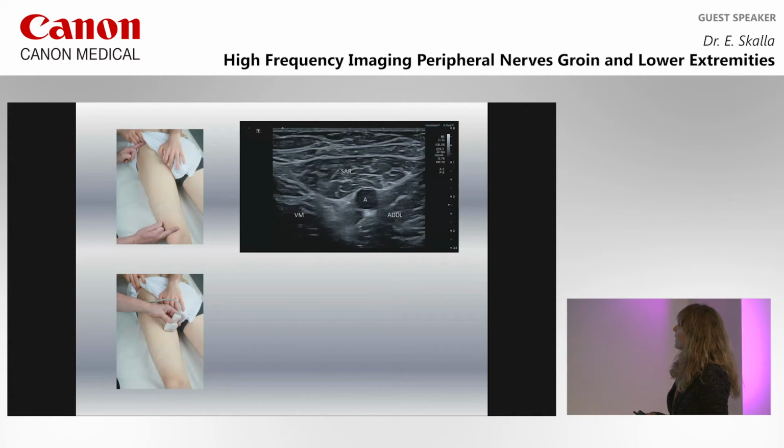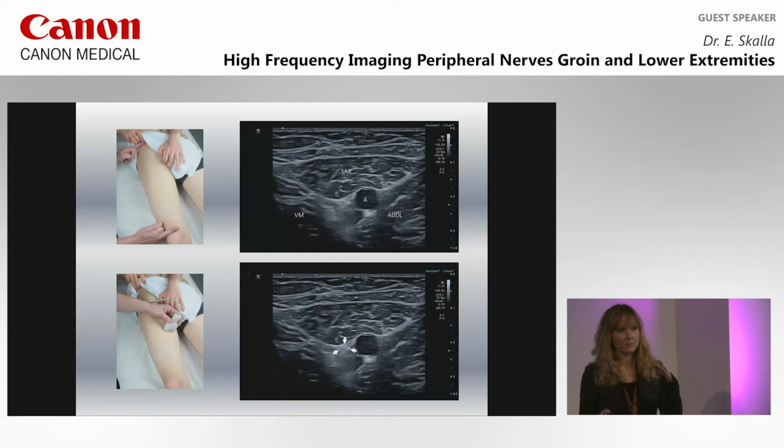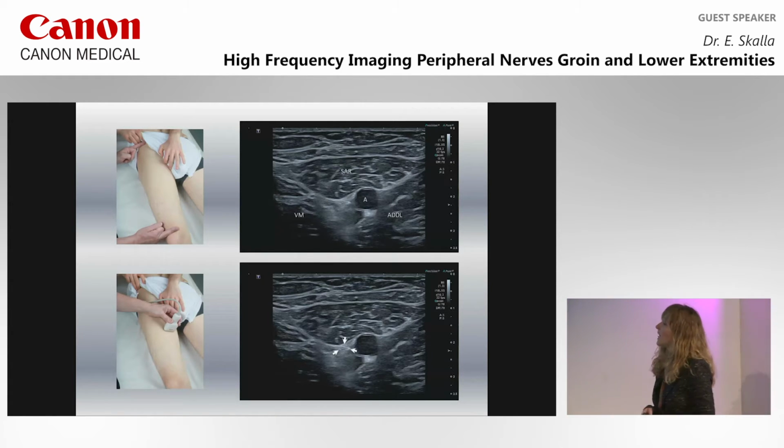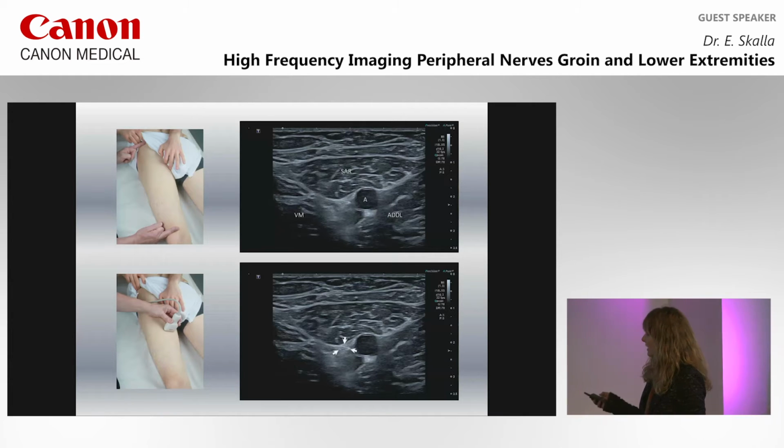So these are our internal landmarks, and then it's not that hard to identify this cross-section area of the saphenous nerve. And then you can follow it from this position upwards, downwards, and that's not very hard. As a variation, it does not have to lie anterolateral to the vessels. It might also lie on the other side of them.